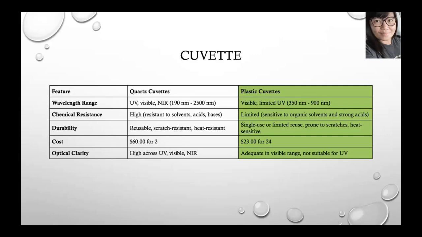So for our final pick, we chose the plastic cuvettes because there's really not much of a difference. It's also cheaper, and we could use several of them without having to use more of our money.